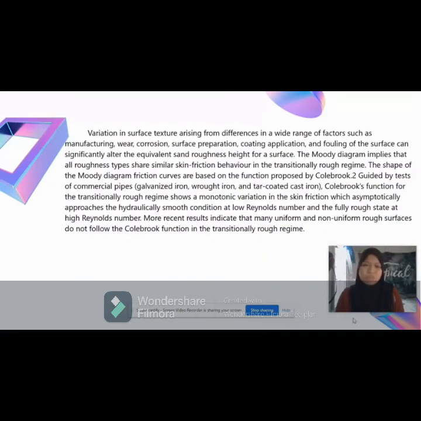There is variation in surface texture arising from differences in a wide range of factors such as manufacturing, wear, corrosion, vibration, and many more. More recent results indicate that many uniform and non-uniform roughnesses do not follow the Colebrook function in the transitional rough region. I think that's all for the discussion part.